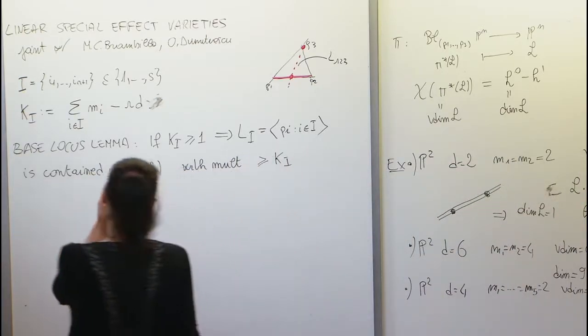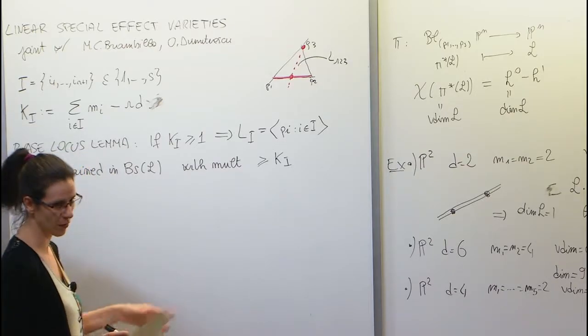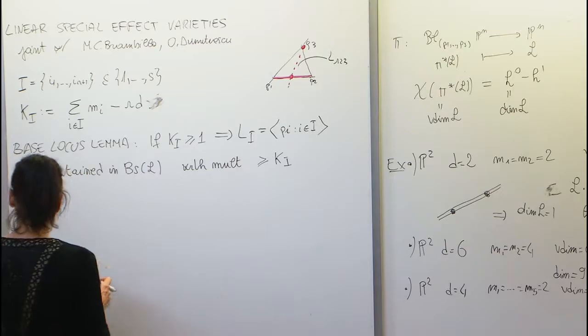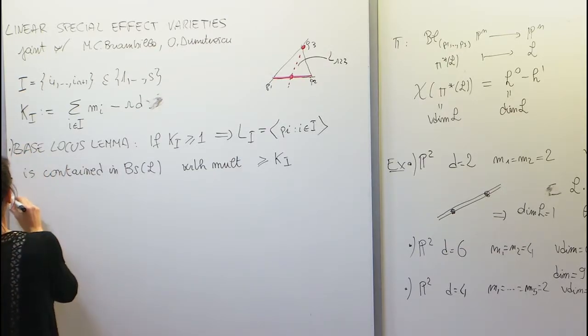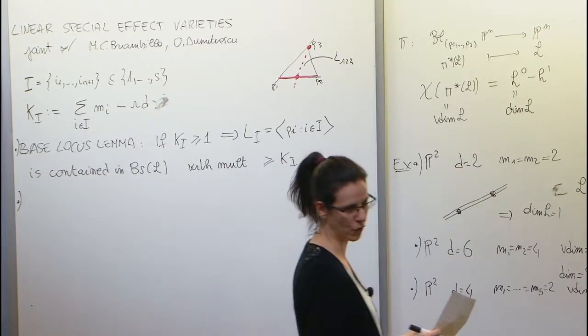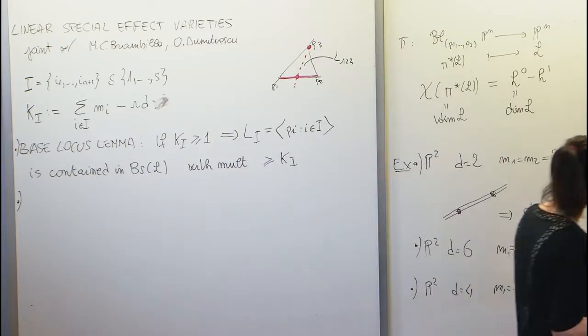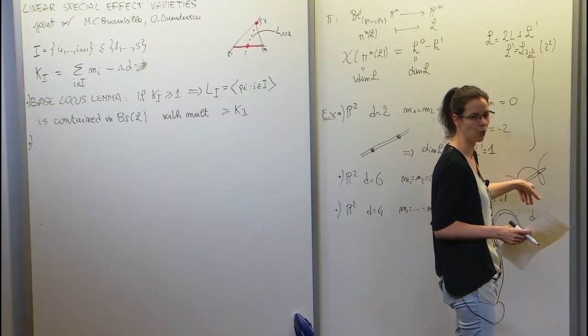So we know that whenever this number is positive, that corresponding linear cycle is contained with at least that multiplicity. But then, which of them are actually special effect for my linear system? For instance, the line was special effect only when the corresponding Ki was at least 2.